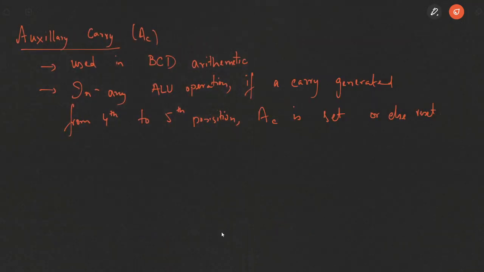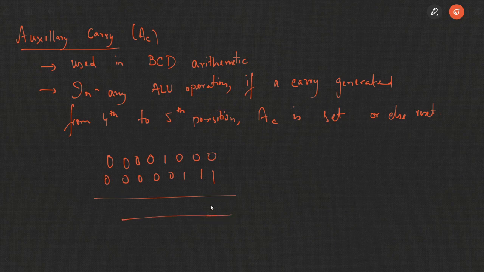In a similar fashion, if we have two 8-bit numbers, on addition we will check whether a carry was generated from the fourth to fifth position when these two numbers were summed.